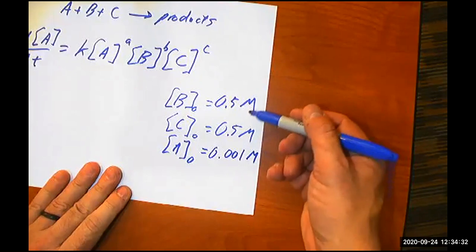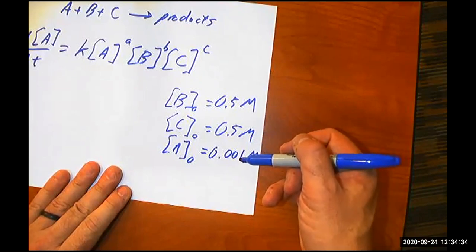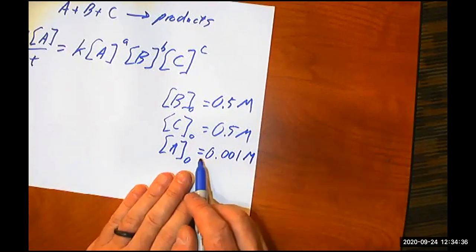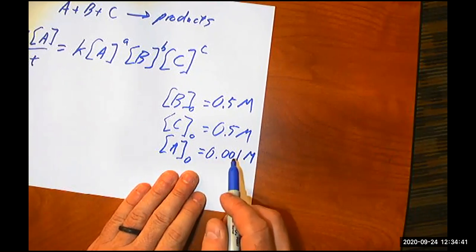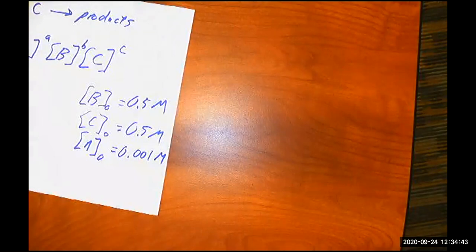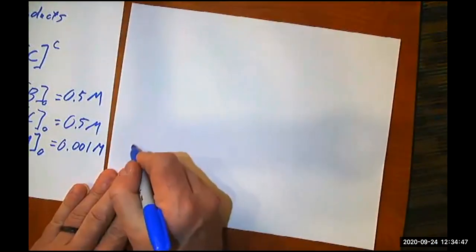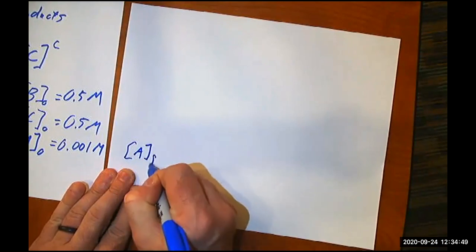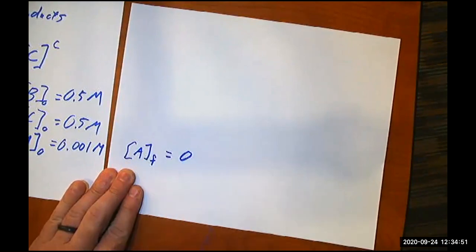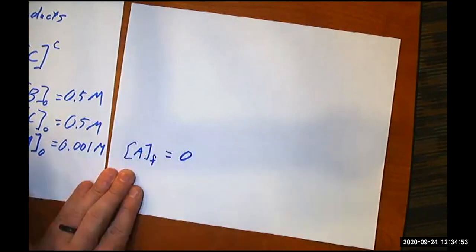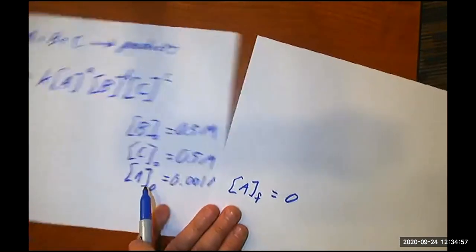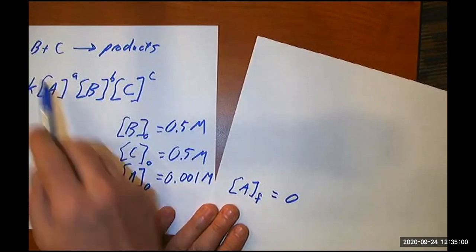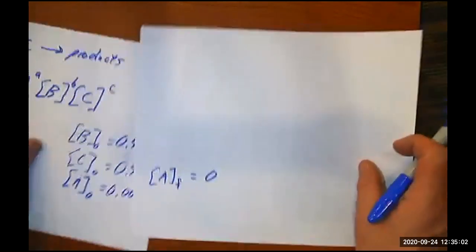Once the reaction has run to completion, the A is the limiting reagent, so all of that will be gone. So our concentration of A final is going to be 0. But from stoichiometry up here, we know that for every molecule of A that reacts, one molecule of B is going to react.